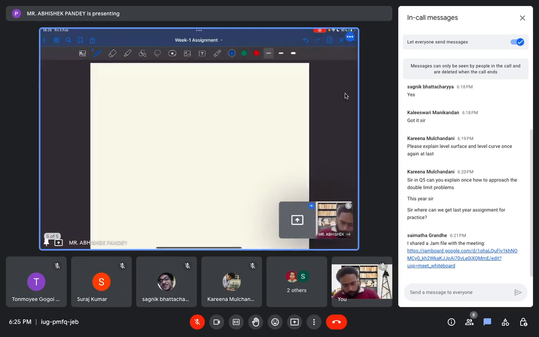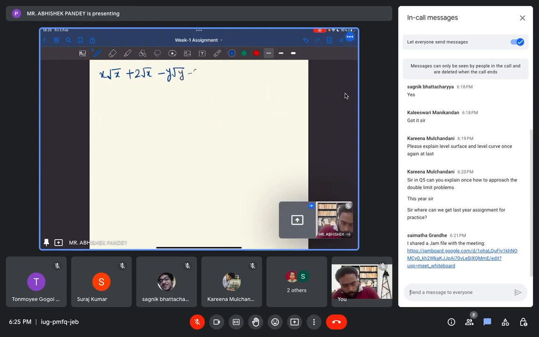Once you do this, root x (x root x plus 2 root x) minus root y (y root y plus 2 root y), this is nothing but 2 plus x into (root x minus root y) plus (x minus y) into root y. I hope this is clear.